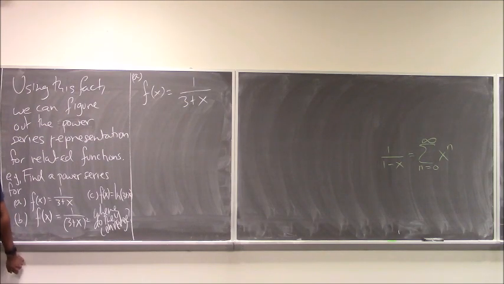Ideas? Thoughts, suggestions? Yeah? Negative 3x to the n. I don't know, I just like it, I guess. Well, why would you guess that? Like, what are you trying to do?